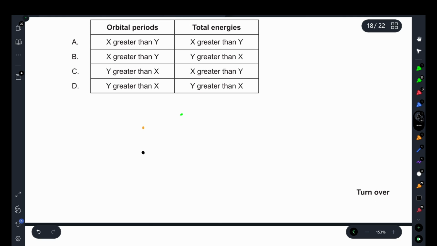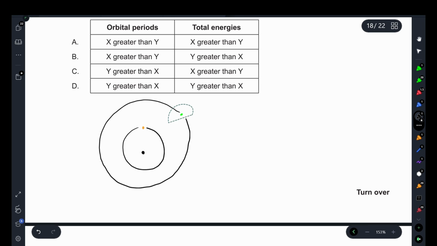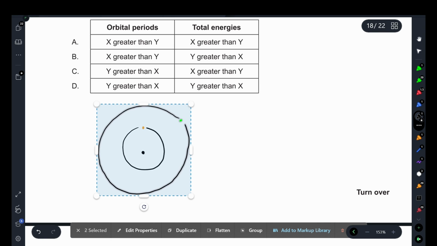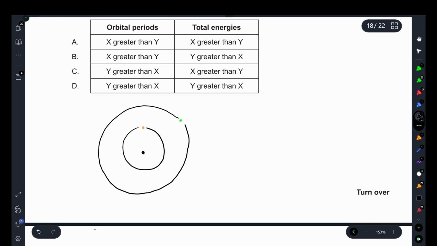So these will orbit in, let's call them circular orbits, although in reality, elliptical orbits take precedence in this universe because of stability. Now that's a whole other story. But for now, we will consider these two satellites, X and Y.